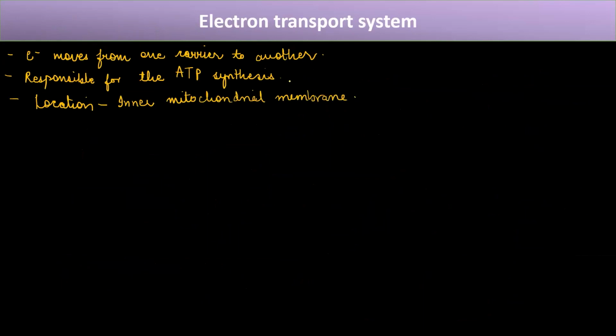Now the electron transport system consists of five complexes. And what are these five complexes?